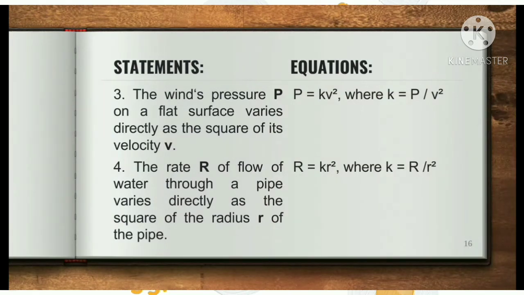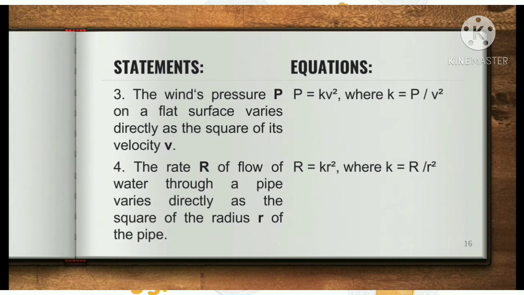Number 4, the rate R of flow of water through a pipe varies directly as the square of the radius r of the pipe. This will be translated as R equals kr squared. As you can notice, we squared the r because the statement says the square of the radius.